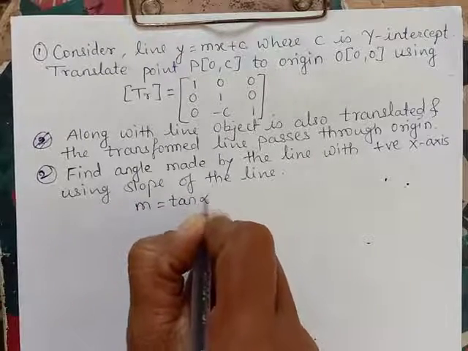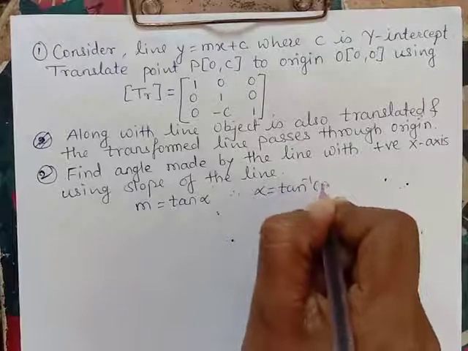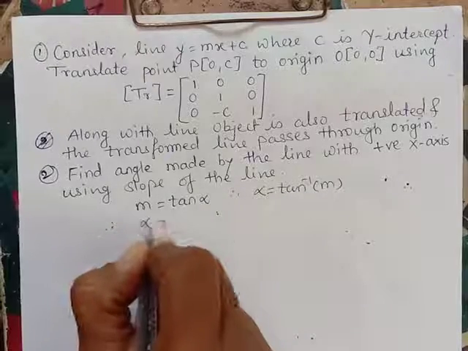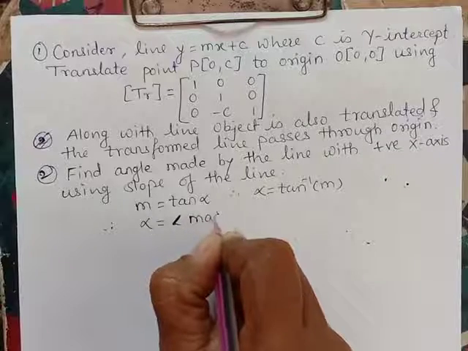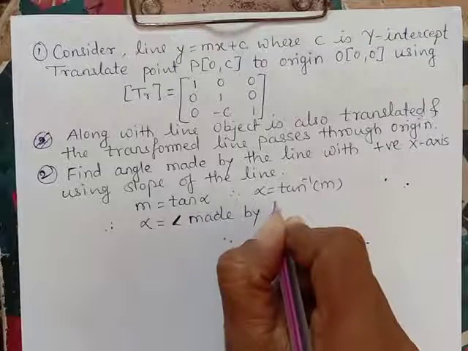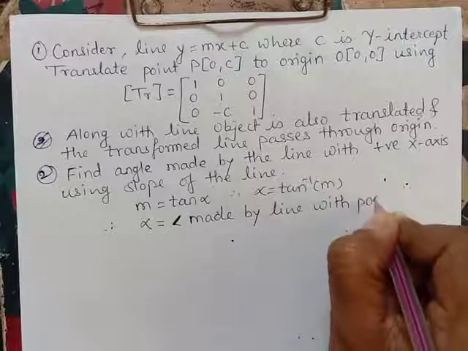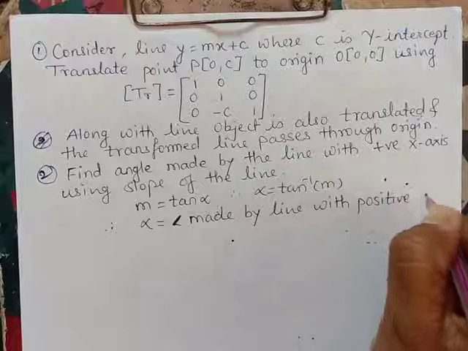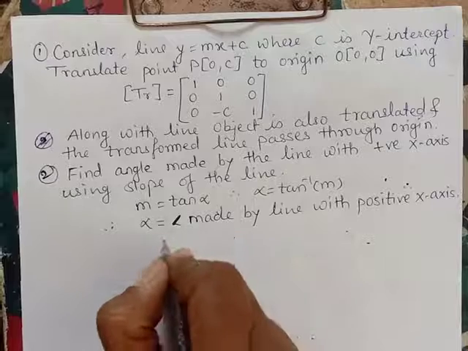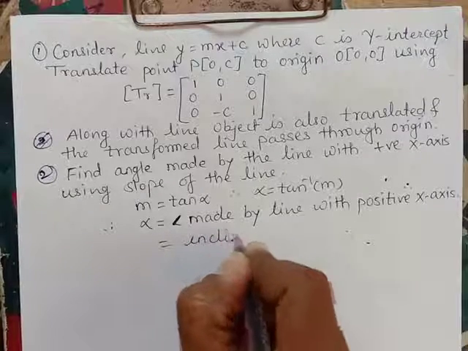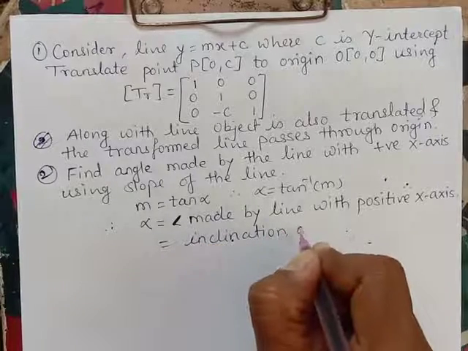Tan of alpha. Therefore alpha equal to tan inverse m. Therefore alpha equal to angle made by line with positive x-axis. That is inclination of the line.